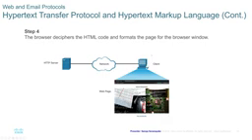In step 4, the browser receives that HTML code, deciphers it, and formats the page for the browser window. Just like the Cisco website, if you visit www.sanuja.com, you will be presented with a page similar to this.